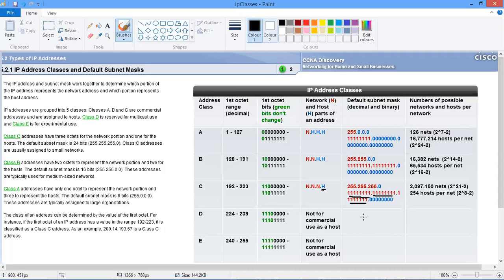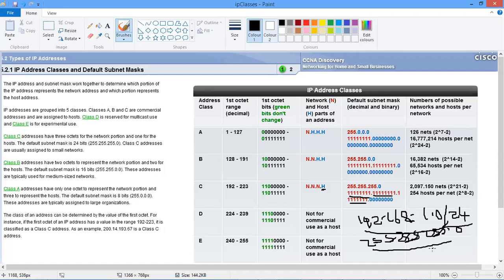So instead of giving the IP address with the mask, if I see the IP address 192.168.1.0, I will know that the subnet mask is 255.255.255.0. But I can just say slash 24, that is the prefix length. An IT person that sees this will just know that the subnet mask is 255.255.255.0.